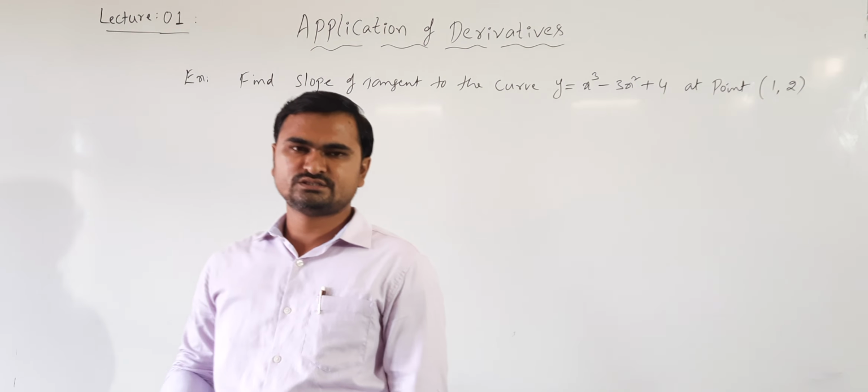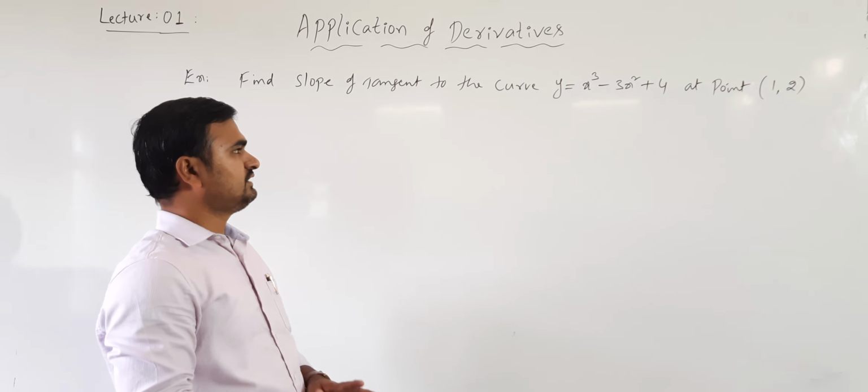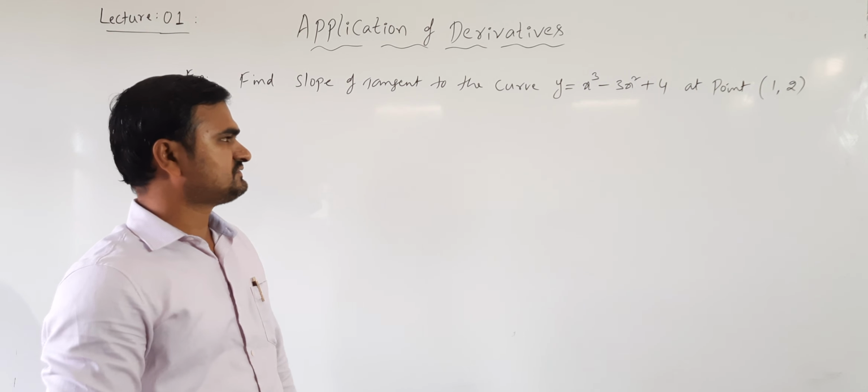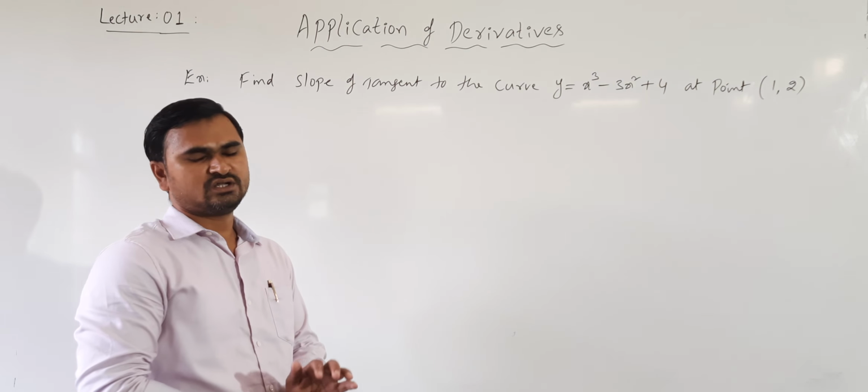Okay. We need the slope of tangent to the curve y equal to x cube minus 3x square plus 4 at a point 1, 2.